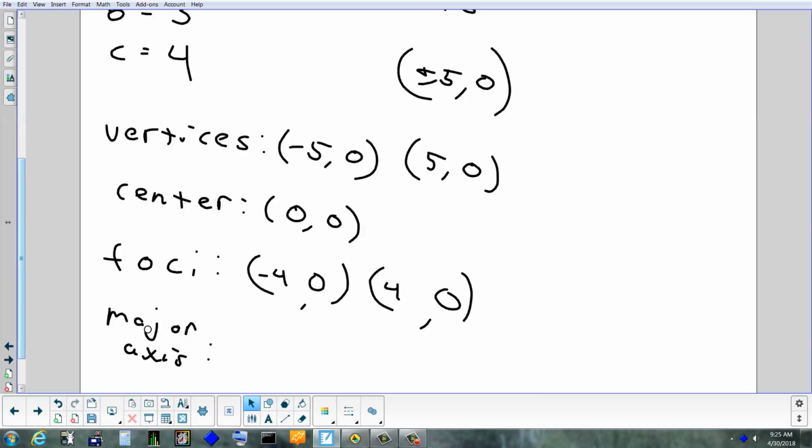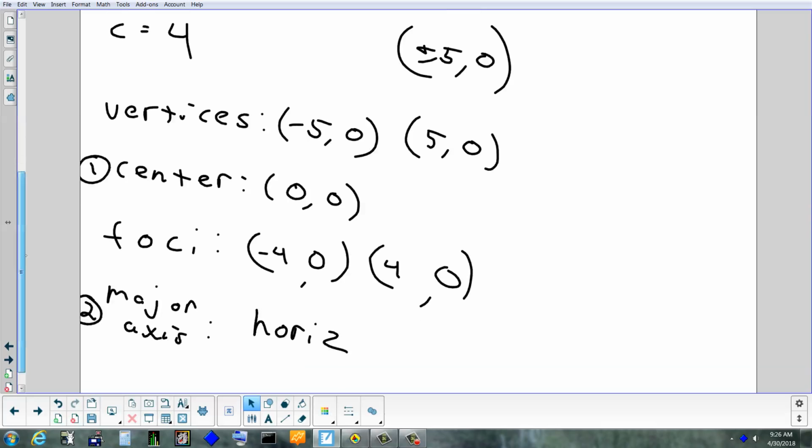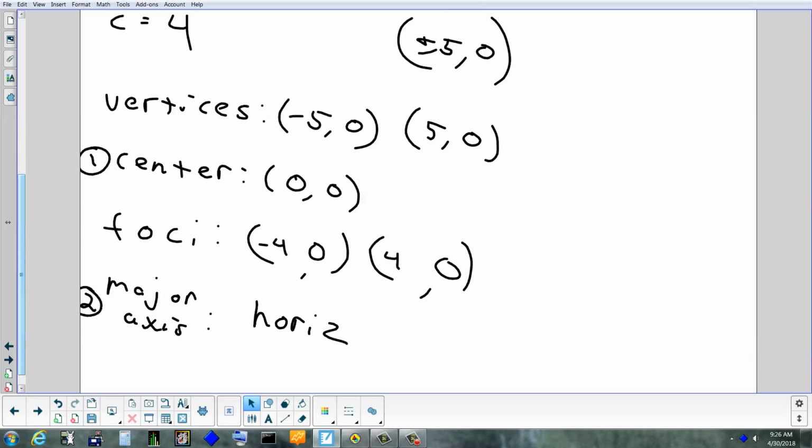And the major axis, we already said this, is horizontal. So I guess the first 2 things you should really figure out is find the center, then find the major axis. What you do after that doesn't really matter. Okay. Any questions on how we found those four?